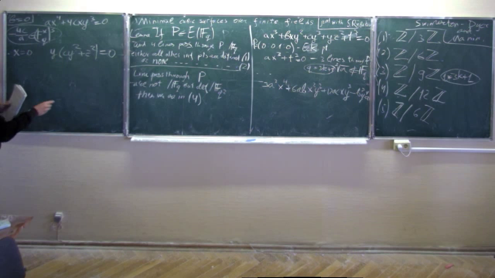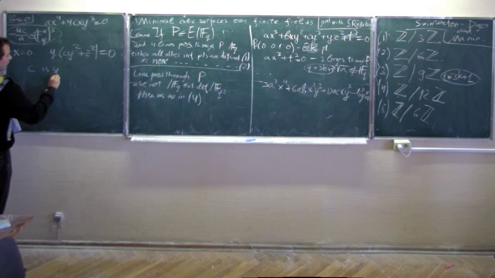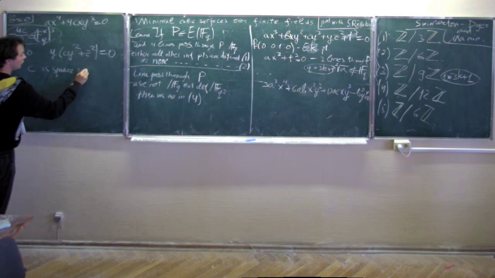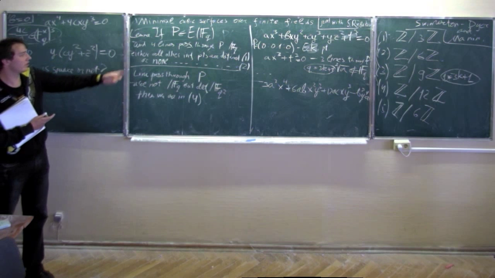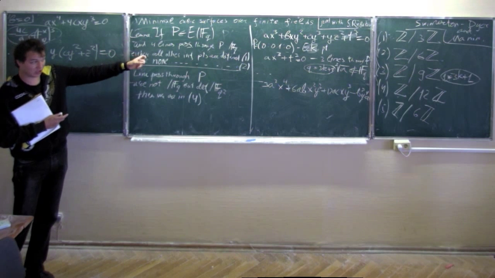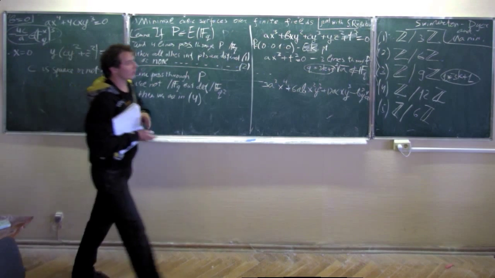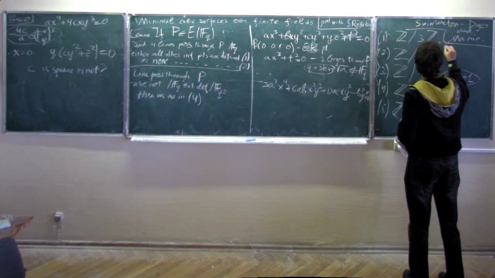And these possibilities are just whether c is a square or not. But among such numbers c for which this number is a cube, we can choose squares and non-squares. So by choosing c, we can construct examples for both cases. So we construct these two examples.